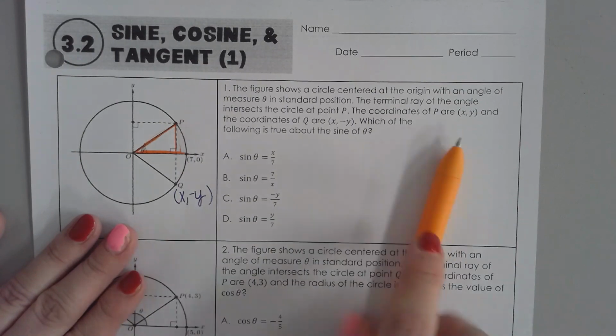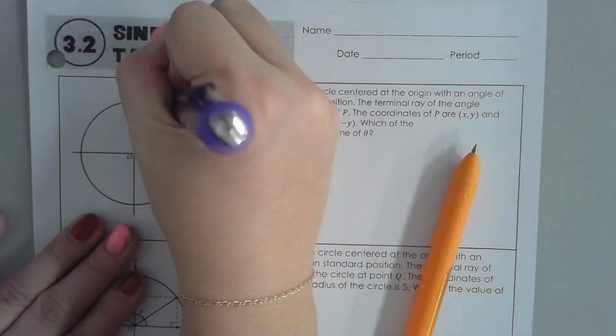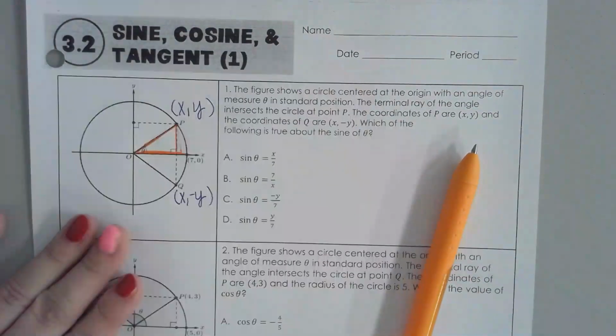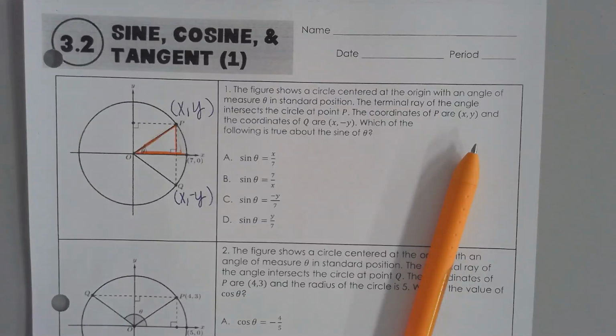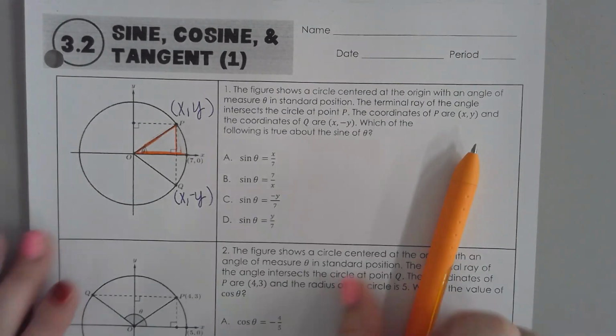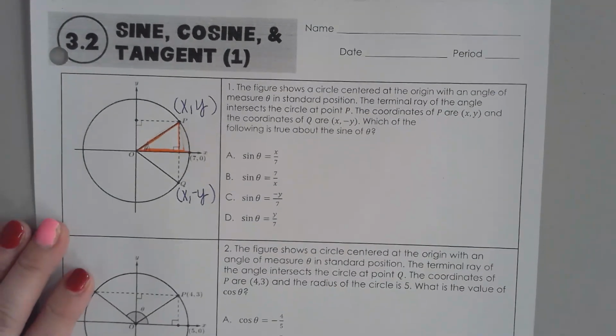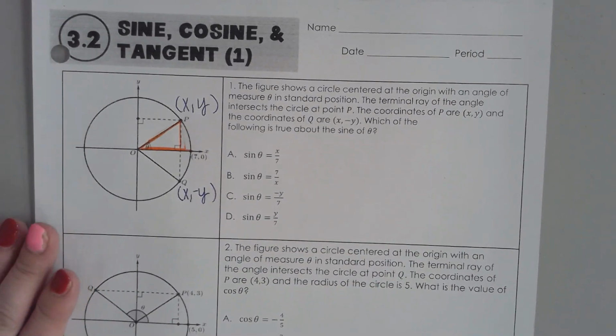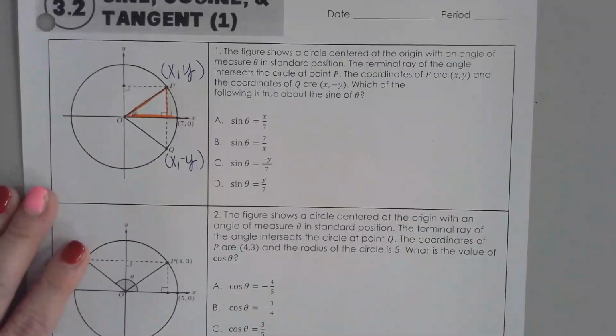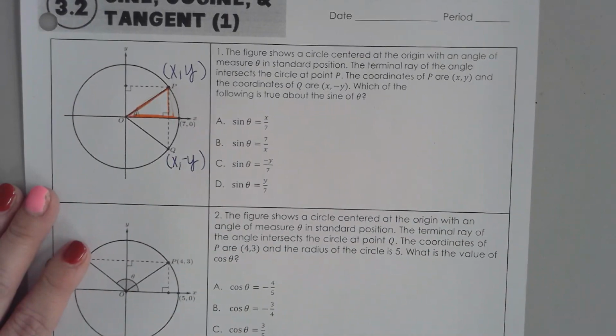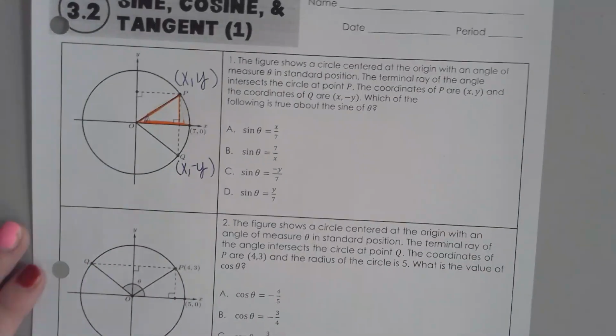Sometimes it just gives you, it also notices this is XY. So I'm not going to finish solving that one out. I just wanted to help you get where you draw your triangle at on that one. And then it's asking about sine. You're getting sine of theta.